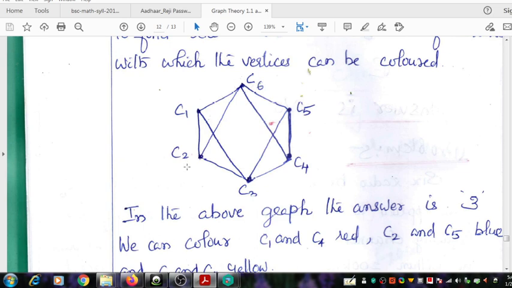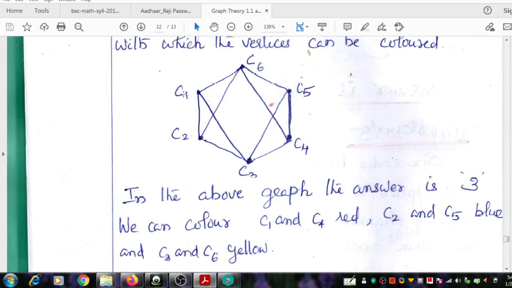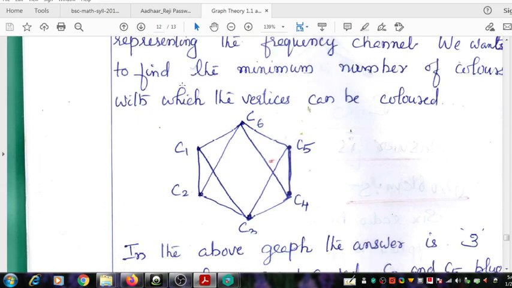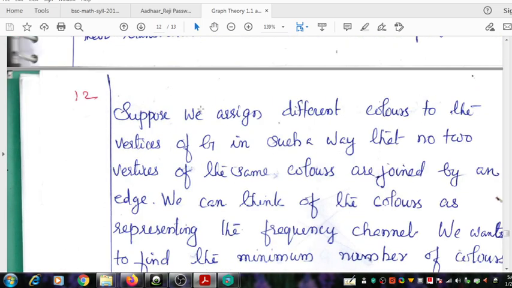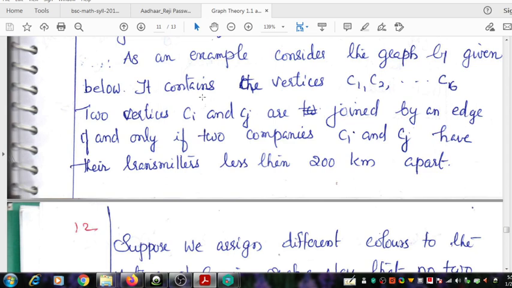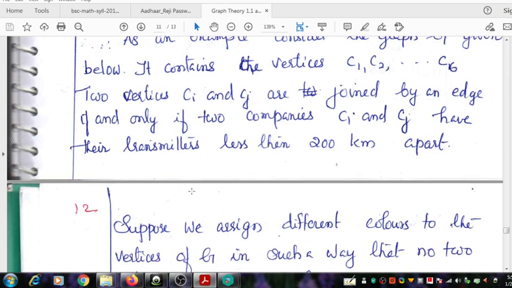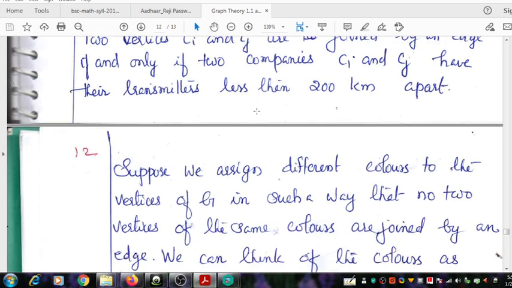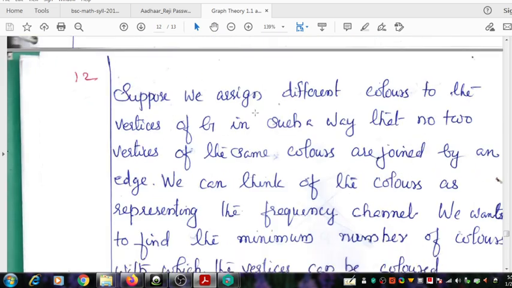C6 and C2 are linked by an edge because the transmitters are at least 200 km apart.